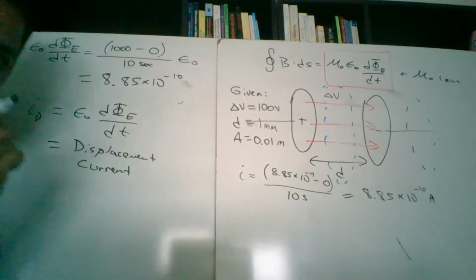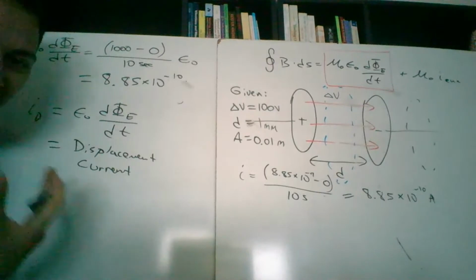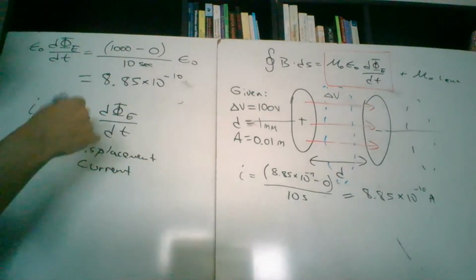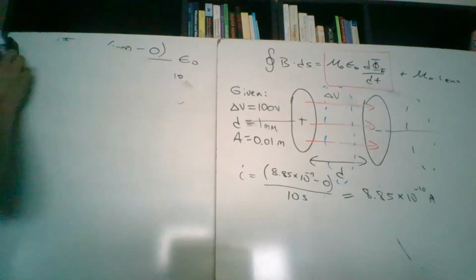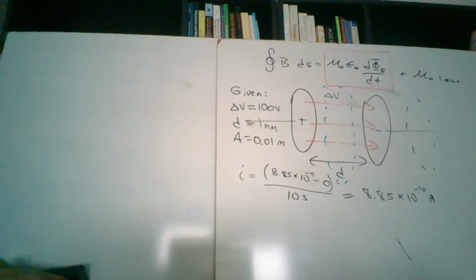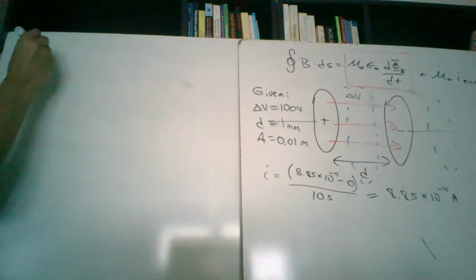So let's write Ampere's Law one more time, the way I like to write it. But the way Ampere's Law is really written is with this term. I like to write it like this. So let's go back to Ampere's Law.